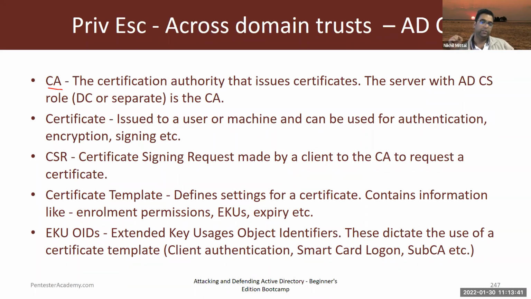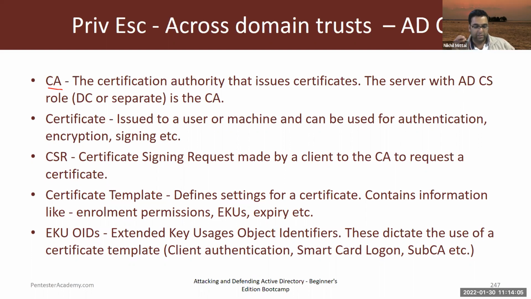Then there is CSR, or certificate signing request. CSR is the fancy term. You can think of it as the request that a client will make: please grant me a certificate. So when a user or a machine says, hey CA, please provide me a certificate, that is what the CSR is.